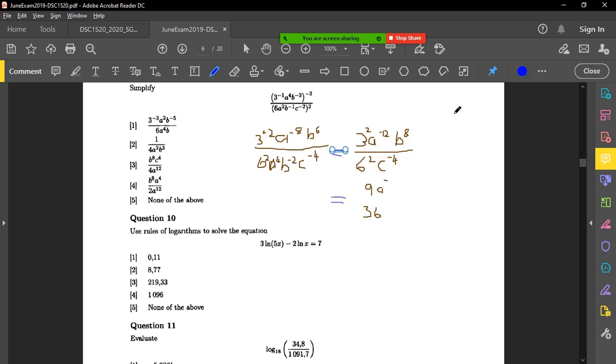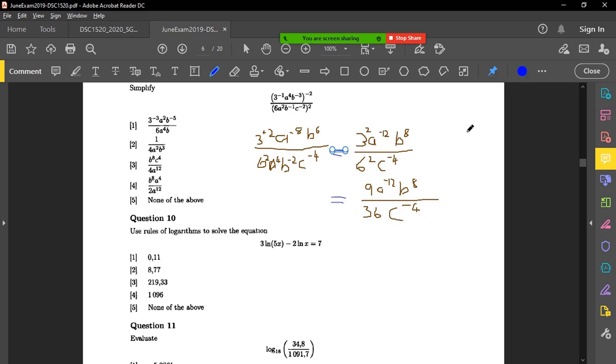A minus 12, B 8. Do we have an answer? Not yet. What happened to your C? Oh yeah, sorry, C to the minus 4.